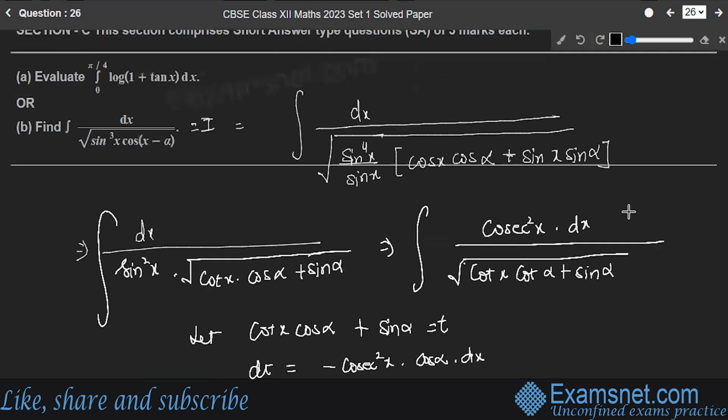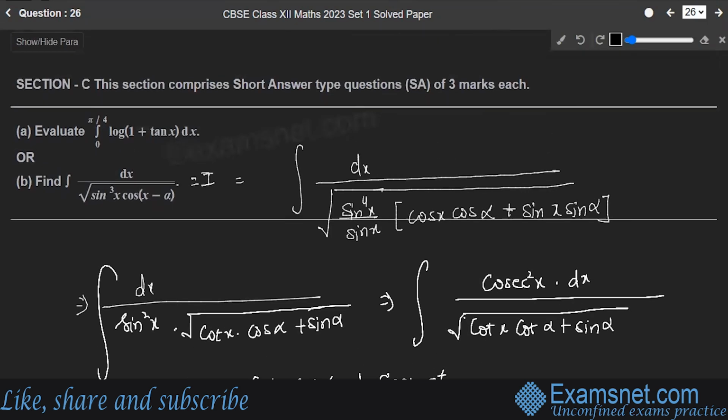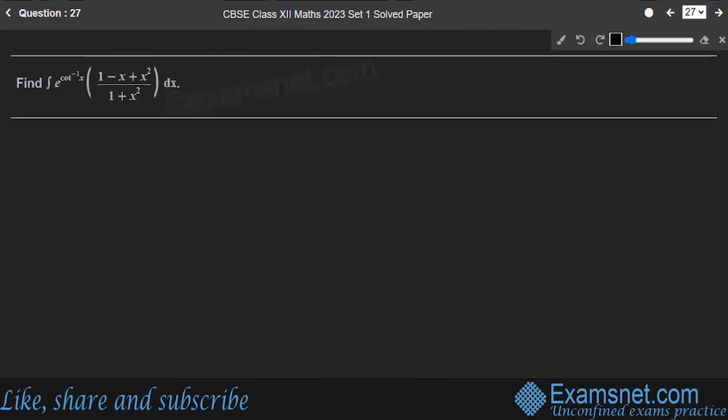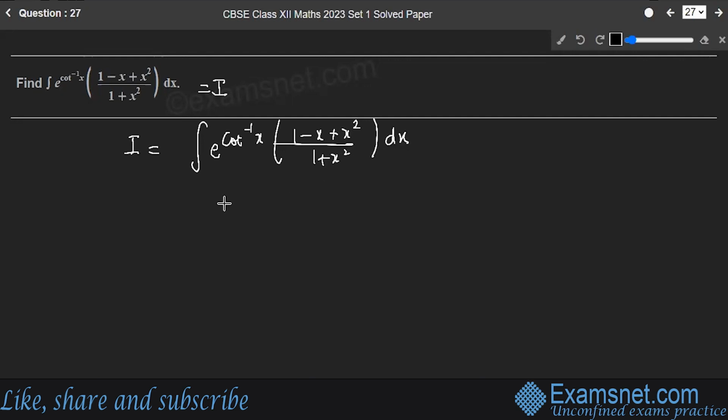Hope you understood this. Then let's move to the next question, number 27. You have to find the integral of e raised to power cot inverse x times 1 minus x plus x squared upon 1 plus x squared dx. Okay. So again, let's say this is equal to I. So I is equal to e raised to power cot inverse x, this, dx.